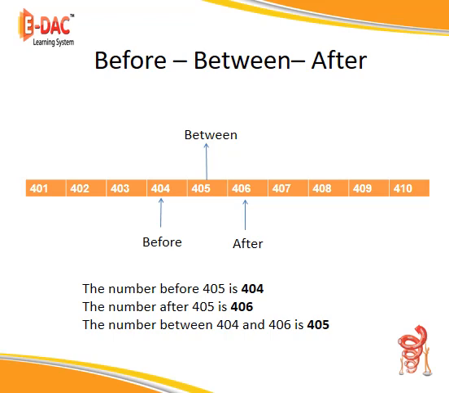Now, I want to know which number comes before 405. So, for this, I will see on the left side of the number 405 and the next number to the left will be the before number. So the number before 405 will be 404.